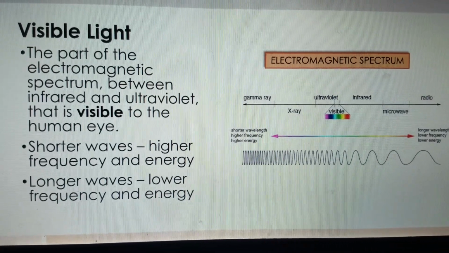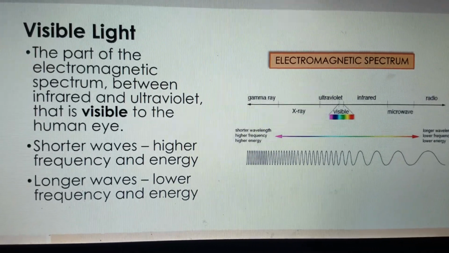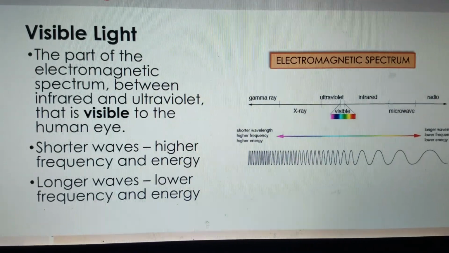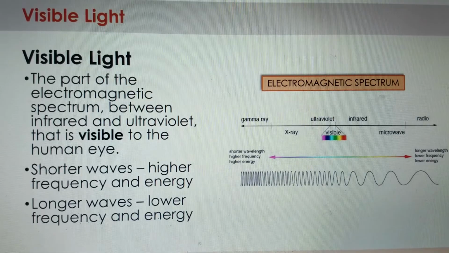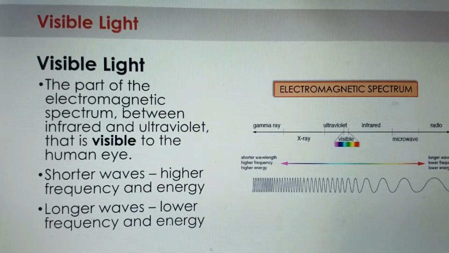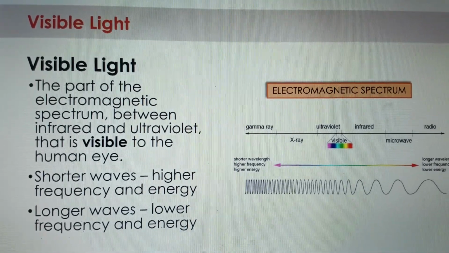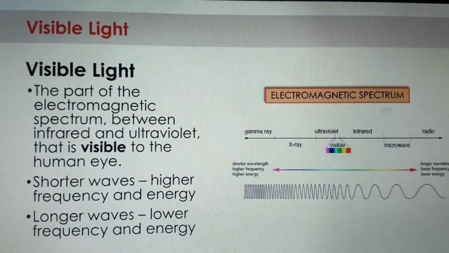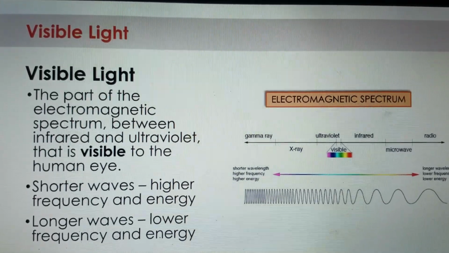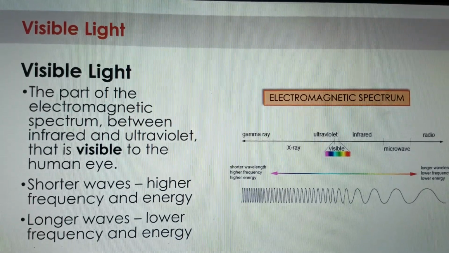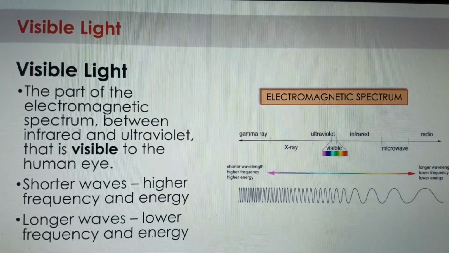There are a lot of electromagnetic waves, and visible light is just that section of the electromagnetic spectrum that we are able to see. And visible light falls between infrared rays and ultraviolet rays.